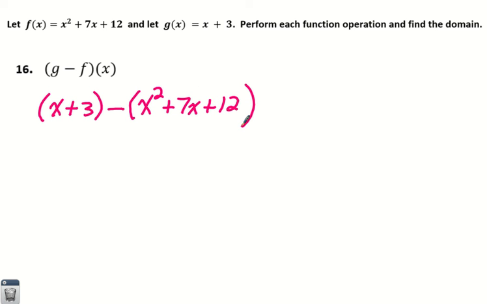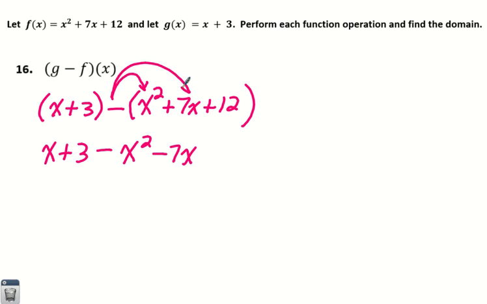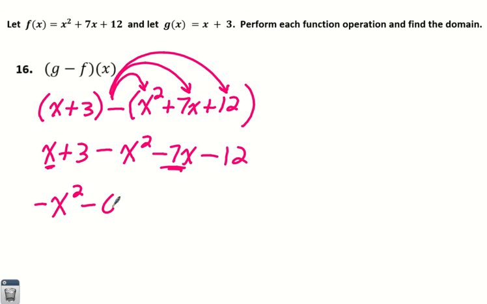Now here, there's going to be some actual important distributing to do. We're going to distribute the minus sign through the f function. And so now let's see here. We got negative x squared, minus 7x is minus 6x, I do believe.